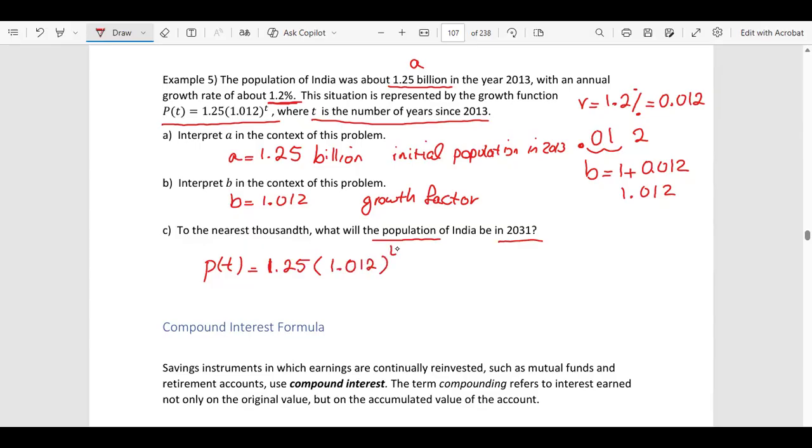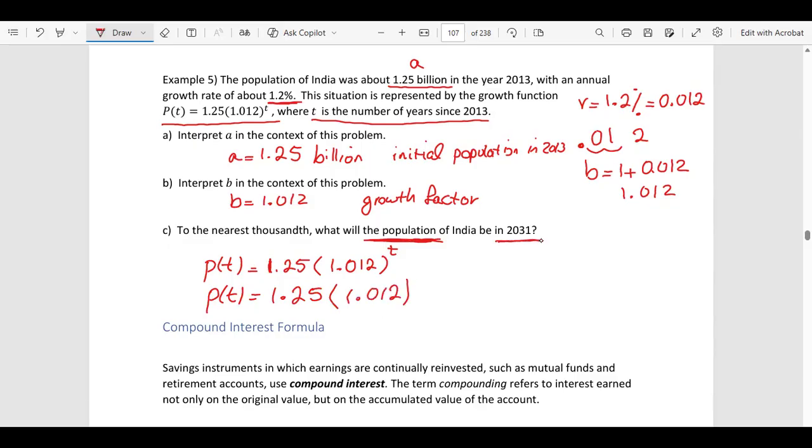Otherwise, find the equation first. In this equation, t is the number of years and P of t is the population. We want to find P of t, so P of t is not given. If P of t is not given, that means t, the time, must be given to you.